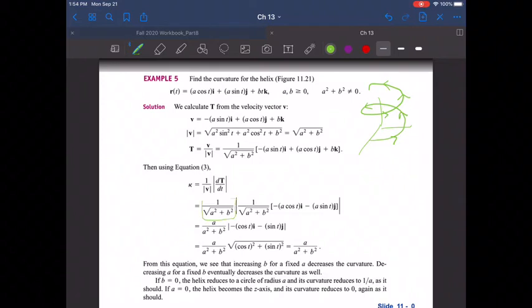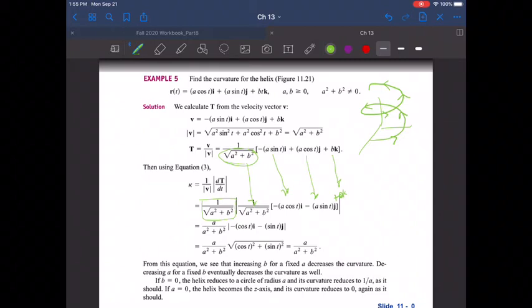Here is 1 over the magnitude of v, and here you take the derivative, dT/dt. Remember, T included that 1 over the square root of a squared plus b squared. So what we're doing is bringing that down and then taking the derivatives for each one of those, and that, of course, just goes to the derivative of a constant, plus 0 in the k direction. So that one's 0.